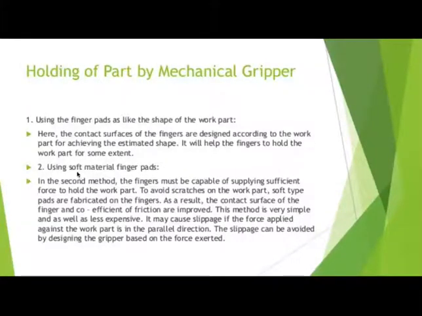The second method is using soft material finger pads. In this method, the fingers must be capable of supplying sufficient force to hold the work part. To avoid scratches on the work part, soft pads are fabricated on the fingers.